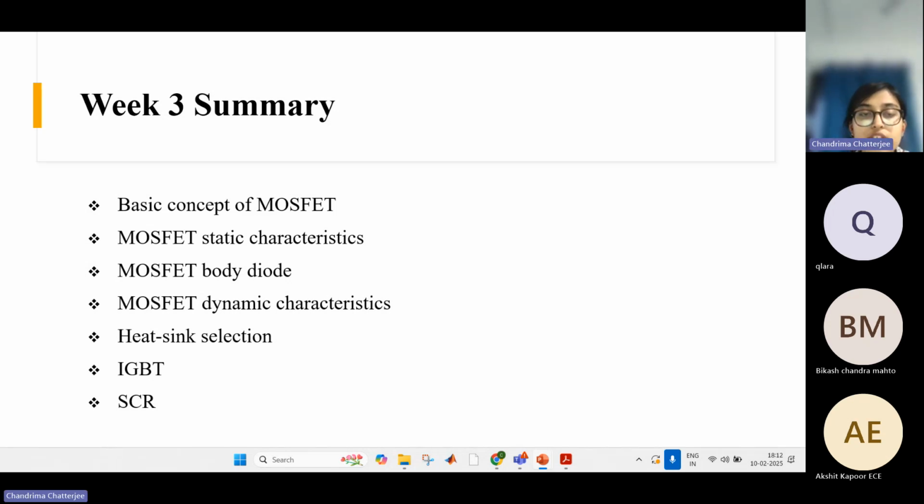So today we will start MOSFET and IGBT. These two devices are very important in power electronics because nowadays they are really important for designing converters for different applications. Both of these switches are controlled switches, and we shall see the different characteristics of these devices today.